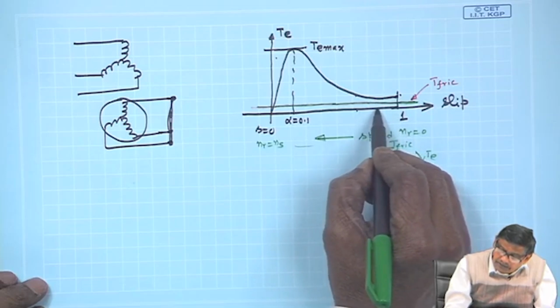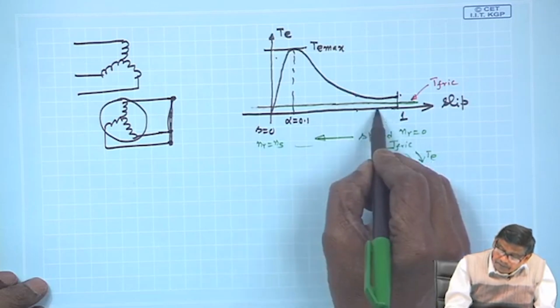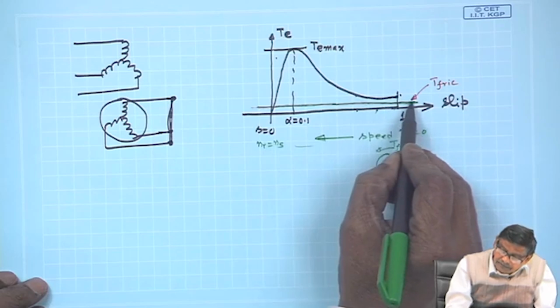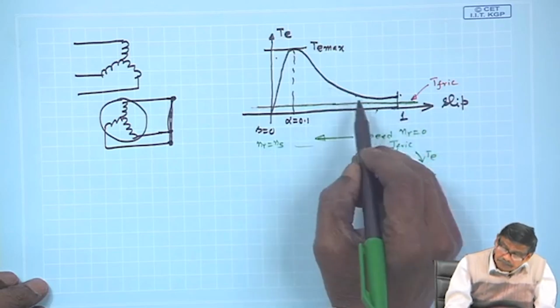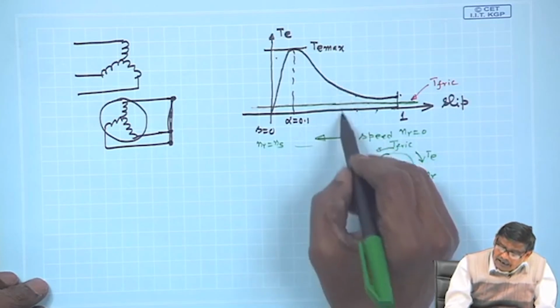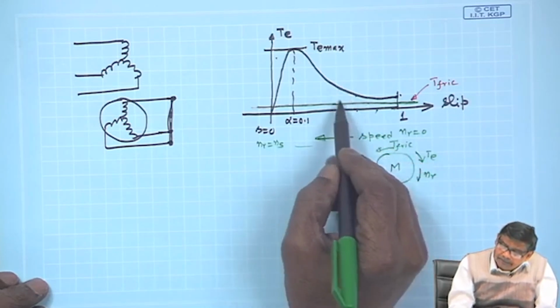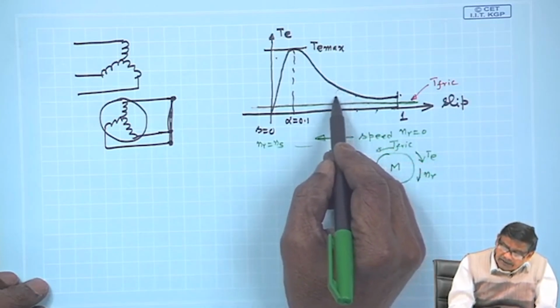At this point what is happening? When it reaches this much of speed, electromagnetic torque is still greater than T friction, it will accelerate. Here also any value of speed you take, machine goes on accelerating.